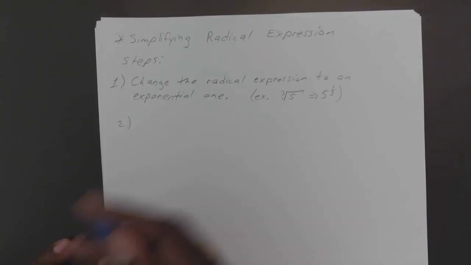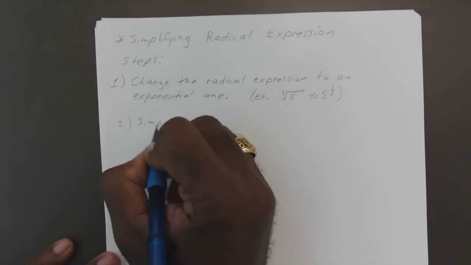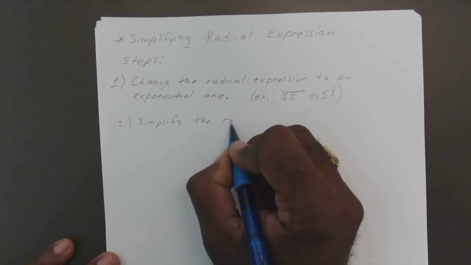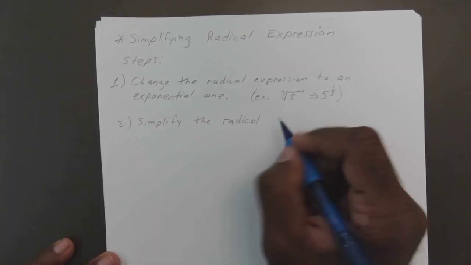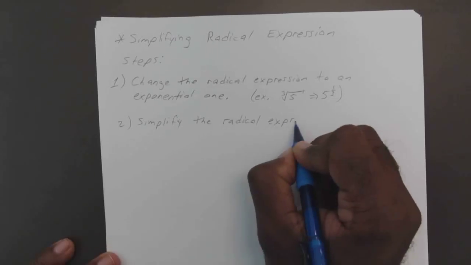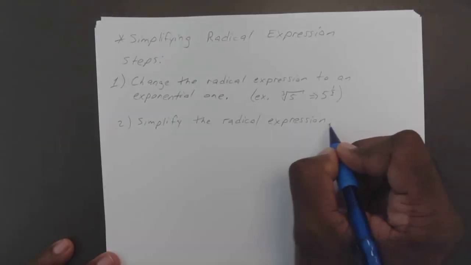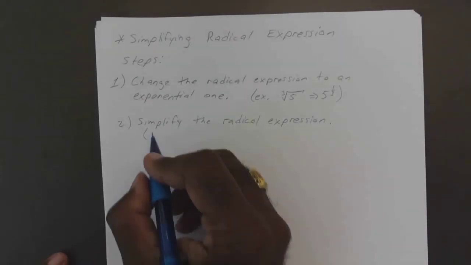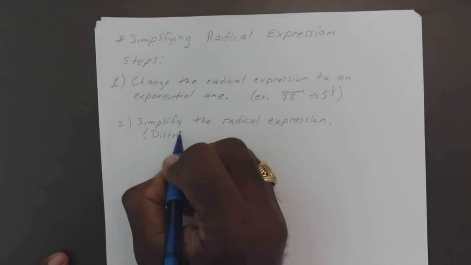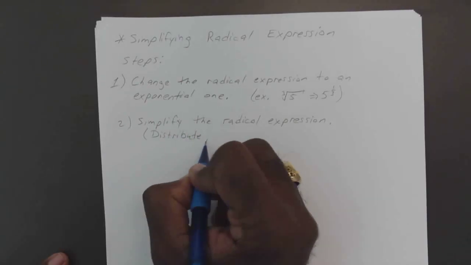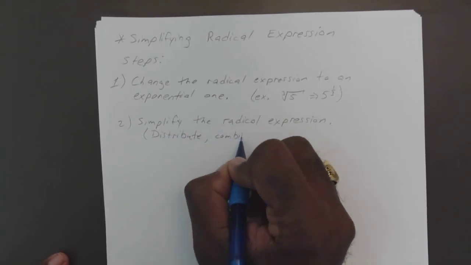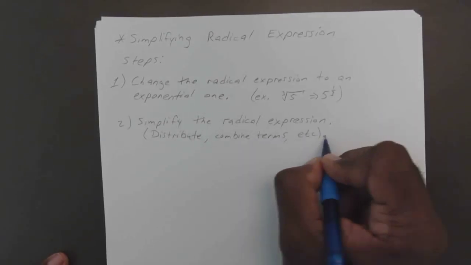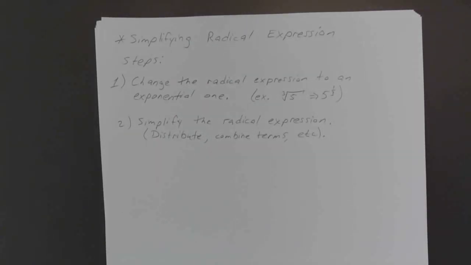So next, you're going to simplify the radical expression. And that just means you're going to use distributive property, combining like terms, things like that. Whichever one that particular problem happens to need.